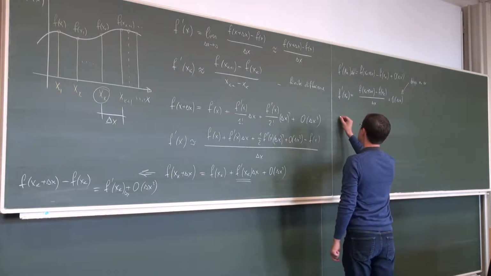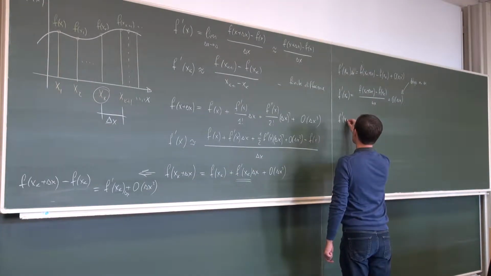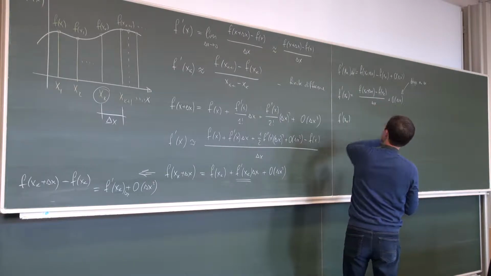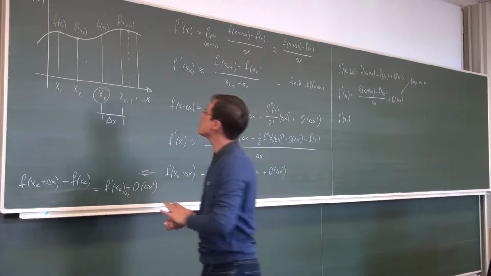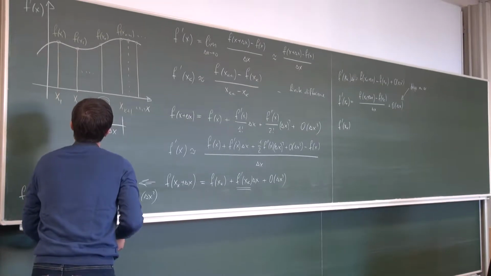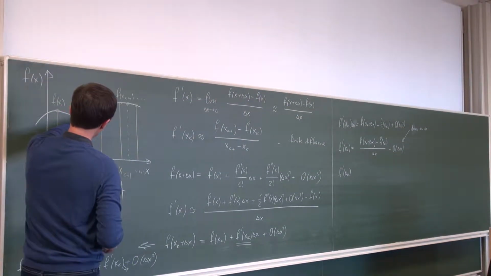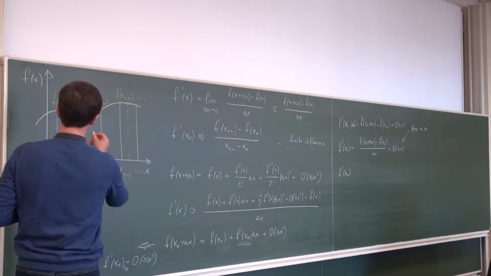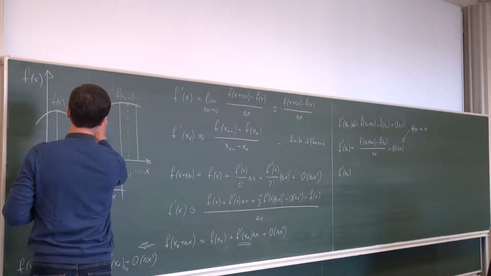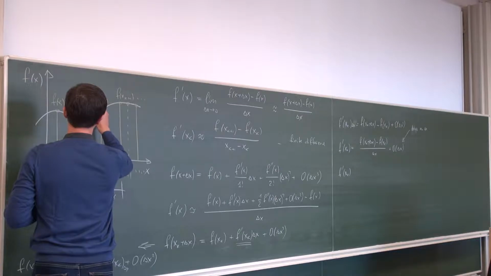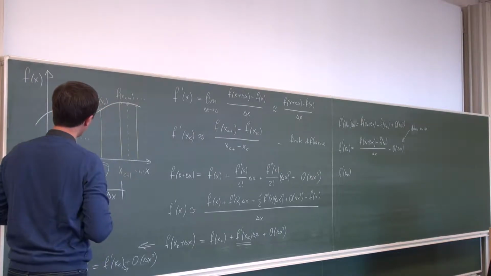Let us estimate the derivative at xk, not like this, but let us do the following. In here, we have f of xk and f of xk plus 1. There's also somewhere here f of xk minus 1.